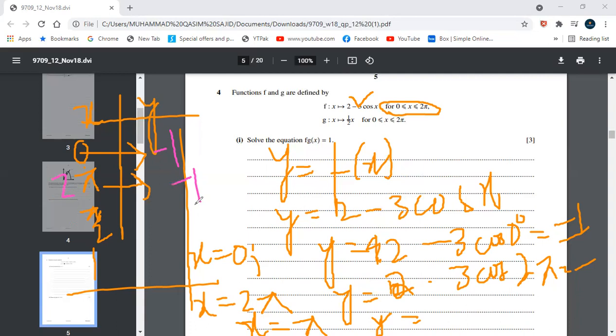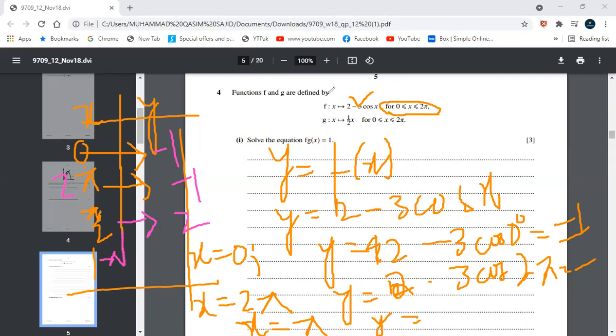2 minus 3 cos 90 degree. What will be the value? Hurry up, just a second. आ रही है 2 आ रही है इसकी. That is the 2. And then find the value of 2 minus 3 cos 180 degree. मतलब pi ना.